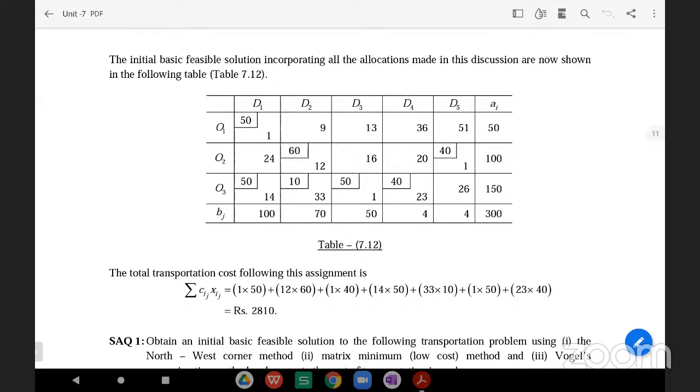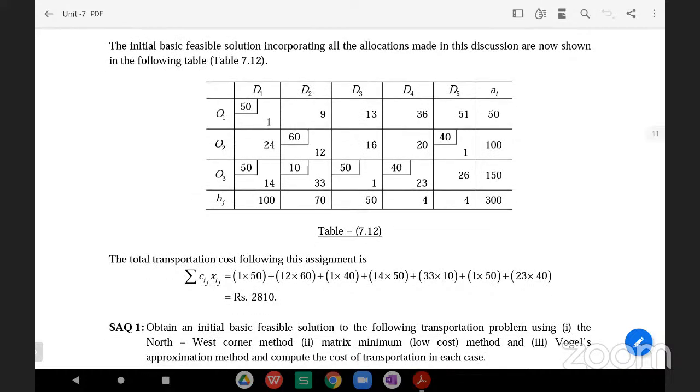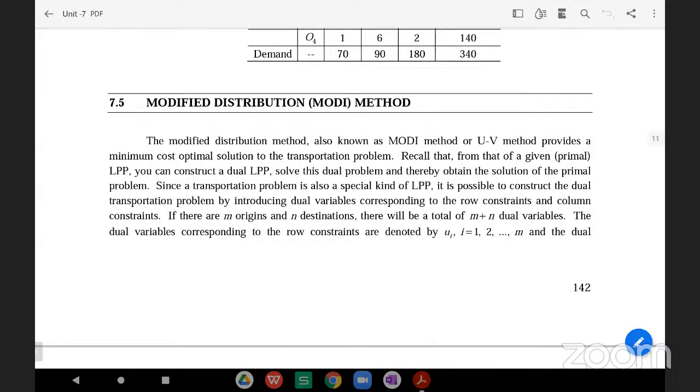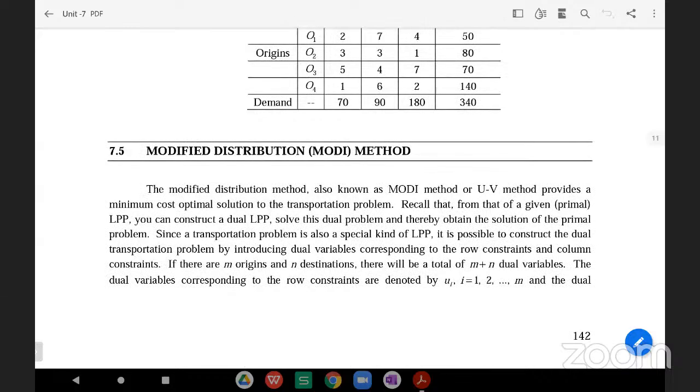Anyway, you refer to that and carefully check it. You can understand easily. Once you read that total one, based on this initial basic feasible solution, I will discuss in the next class the modified distribution method.